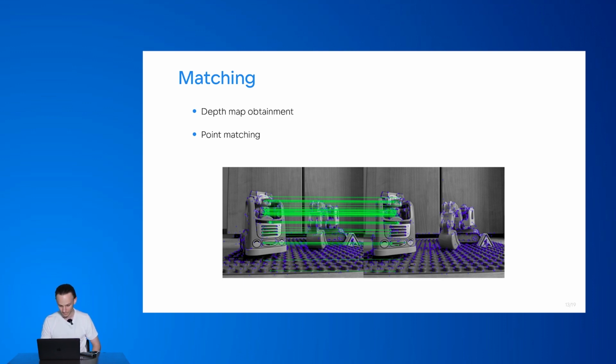With these blue dots, we have just the key points marked on this image, and the key points are the points that are distinct from their surroundings, and we will talk about them in more detail later. And the green ones are the matches that were found between the left image and the right image.